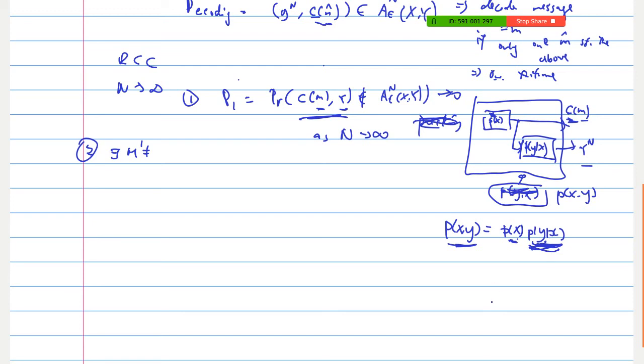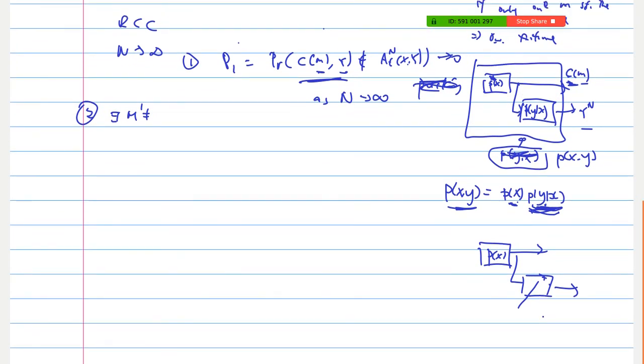So you just go back, it doesn't actually change anything. You still have the same picture here, but you have a dummy, really disconnected channel here. Then you will have P_X and P_Y.